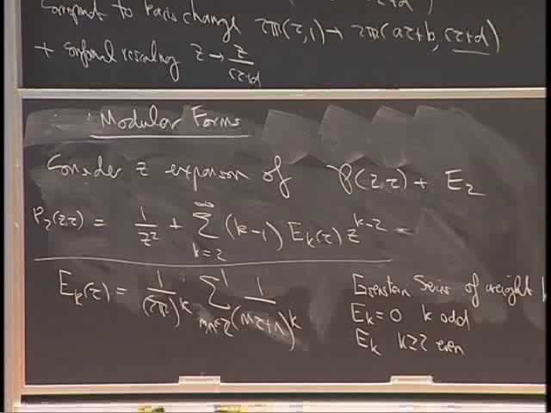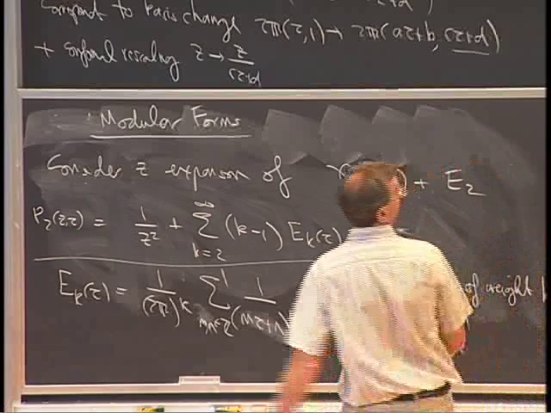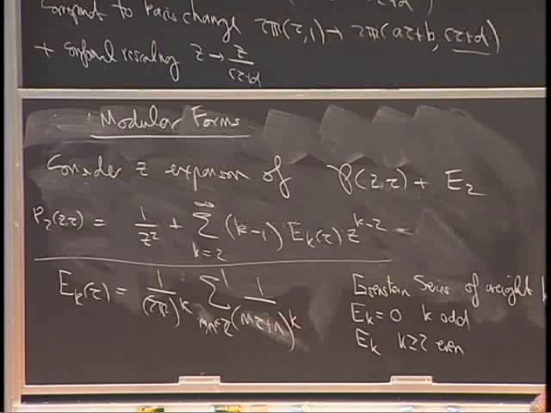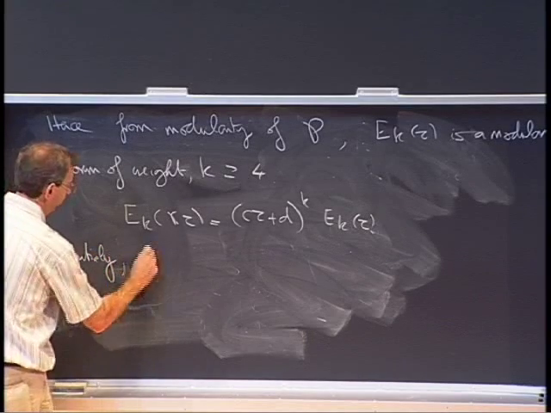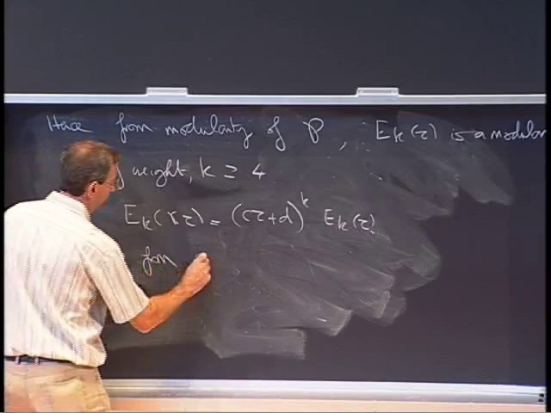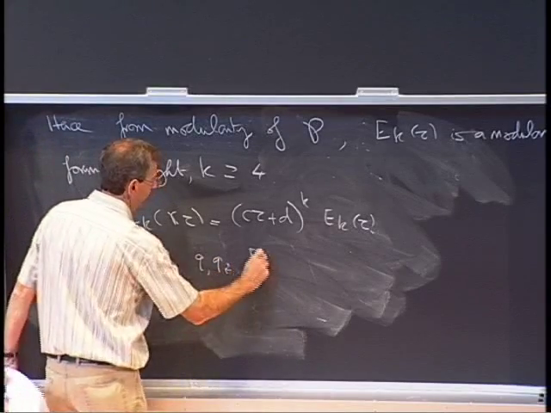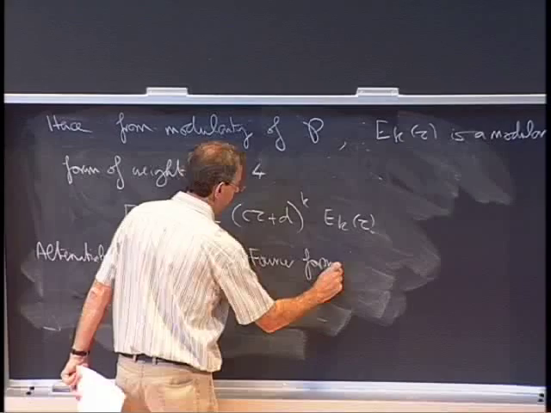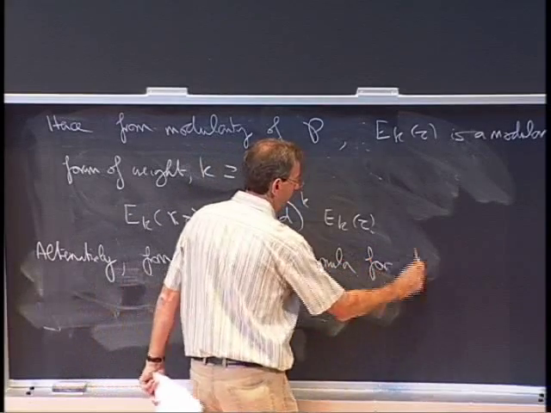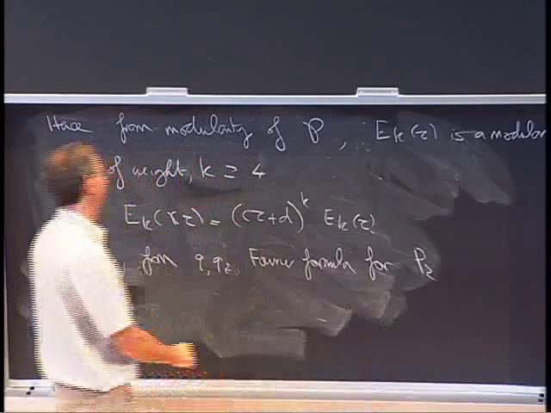Now you can alternatively take the Fourier expansion, again explained in the notes, from the q, z Fourier formula for P2.